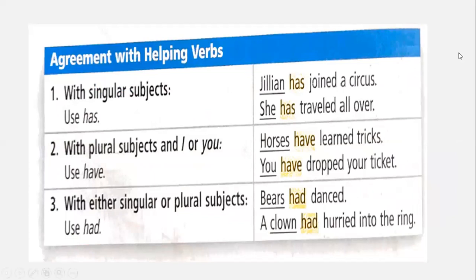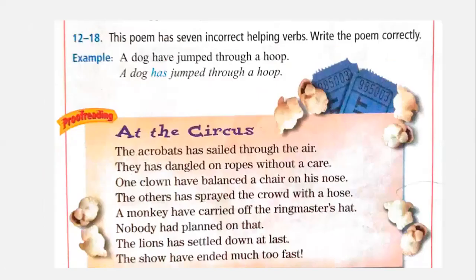So just add one more here, one more here, and one more here, okay? Using the rules. So for number 1, you'd have to write a sentence with a singular subject, and you have to use has, and then a verb in its past tense to create your sentence, and so forth and so forth, okay?